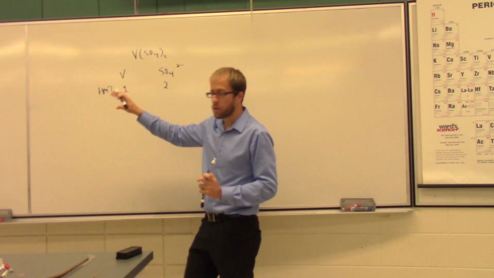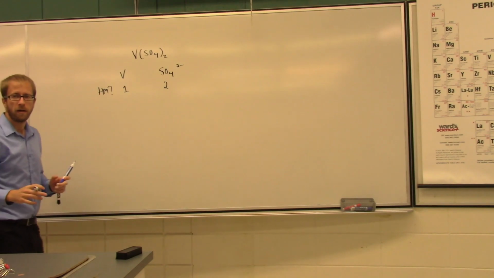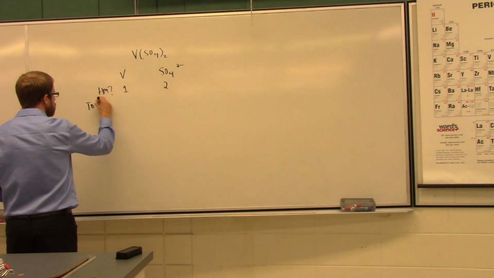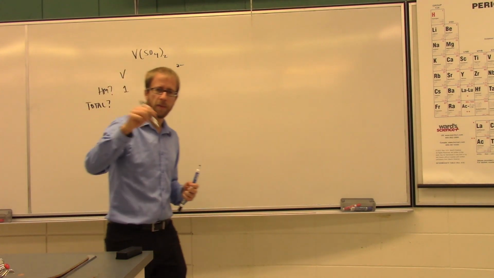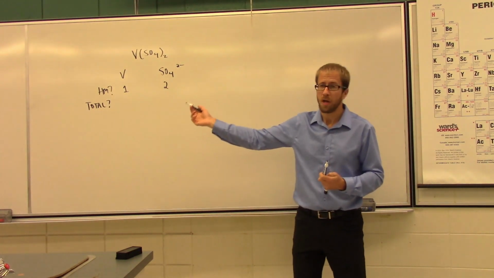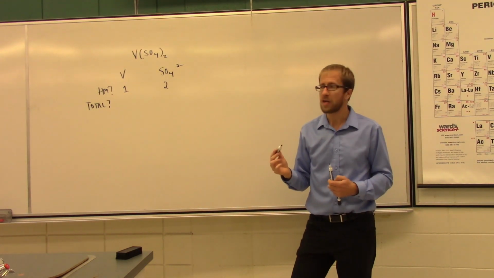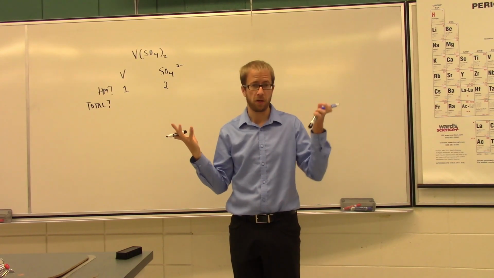So since we're reversing those questions, what is the next question here? Total. Just like how we use the LCM in binary ionic, we need to now explore the total charges so that we can work backwards and get to the charge of vanadium. Because remember, the total charge must be the same in terms of positive and negative.